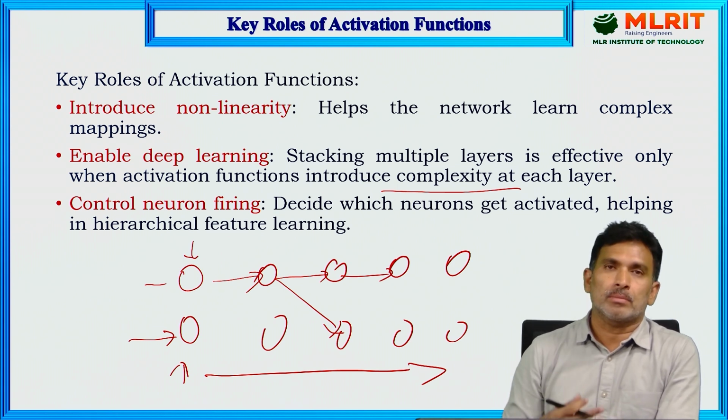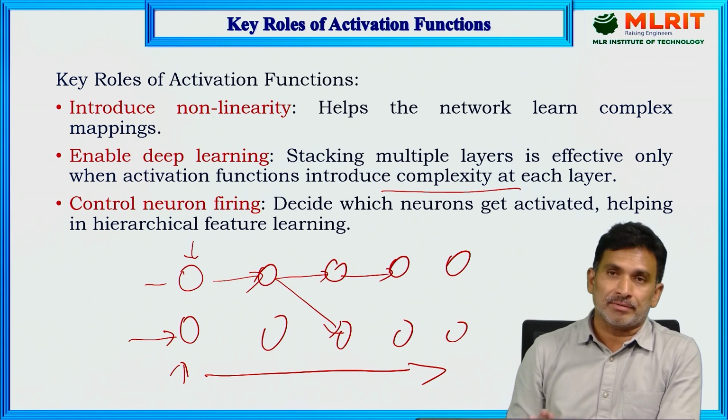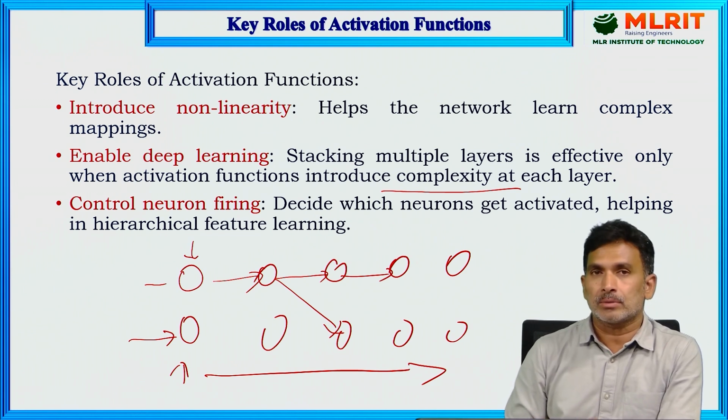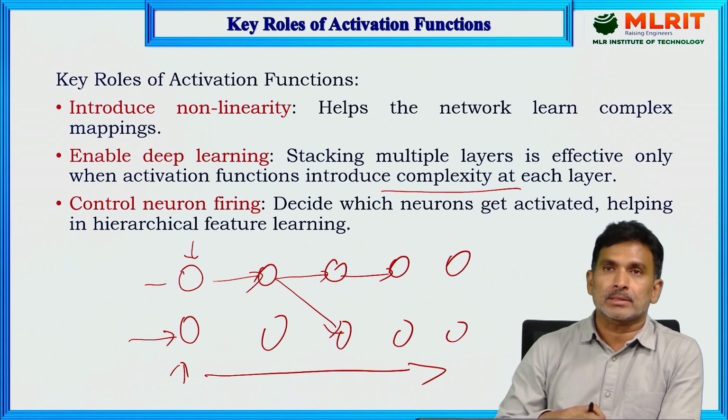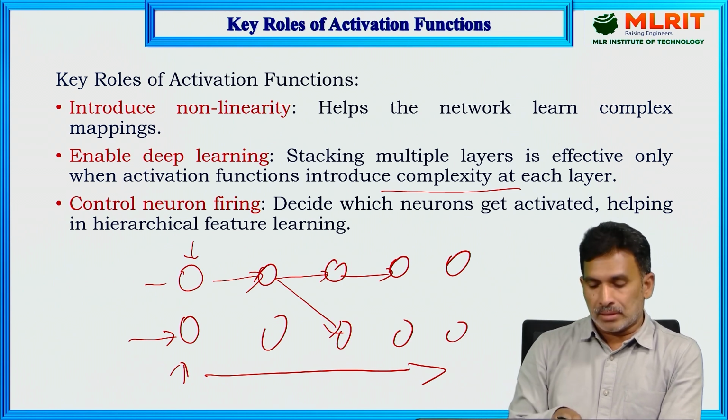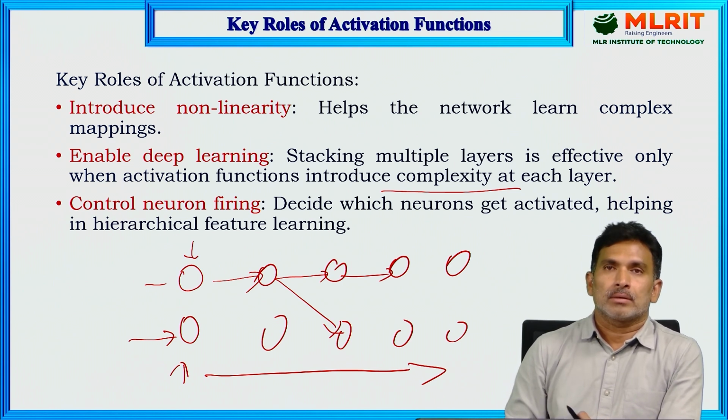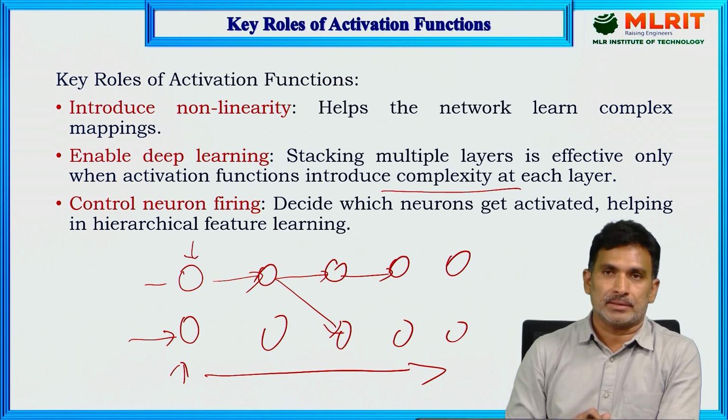A single layer will be enough to represent the entire network, so a linear function will not enable the network to learn complex patterns.